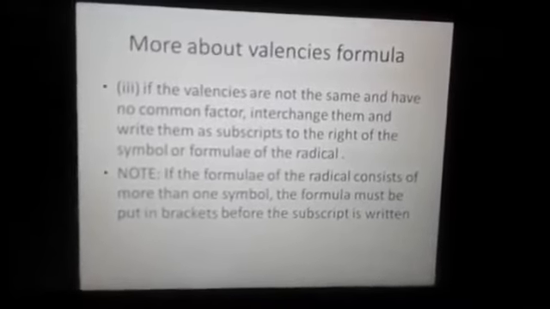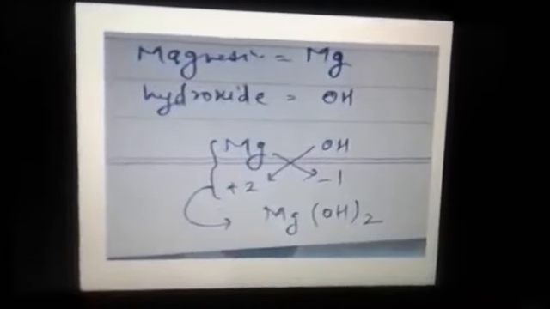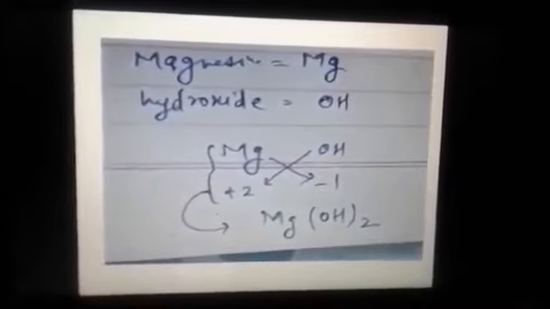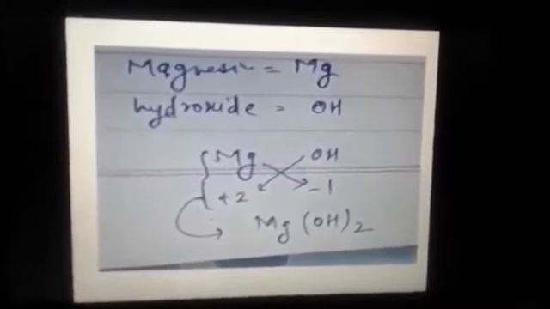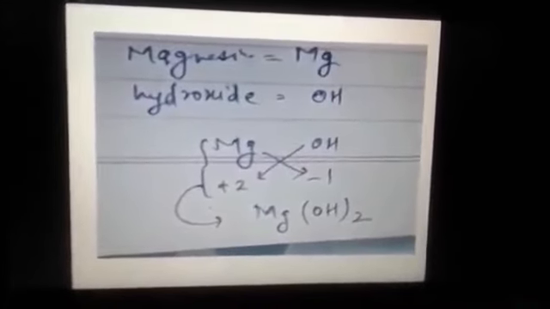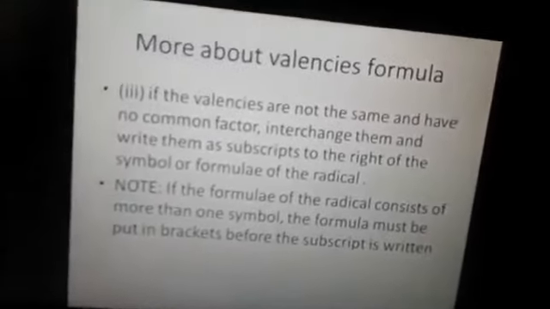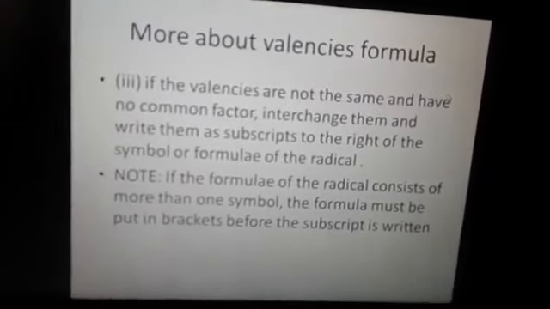If it has a radical, then you can put brackets, and the number will be put outside the brackets to indicate its subscript for the whole radical, as we saw in magnesium sulfate. You can look at this example for magnesium hydroxide. You have to put OH in brackets and put a 2 outside, because the 2 is coming from the magnesium. So that illustrates it very well in this example.